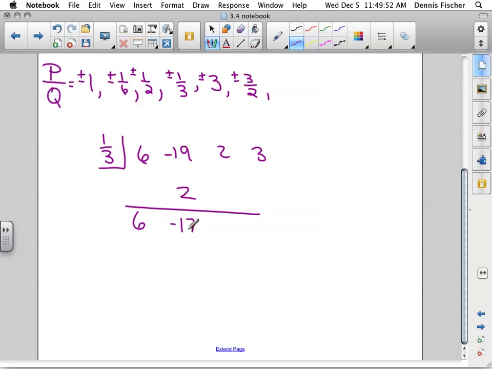We get negative 17. 1/3 of that is negative 17 over 3. Add them, and we get negative 3 and 2/3.